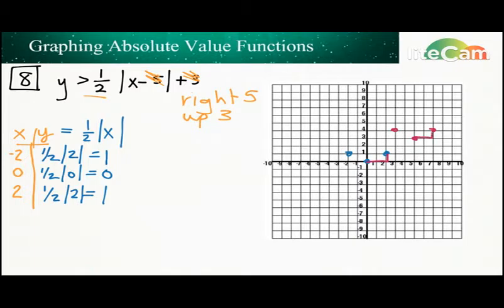So I just verify right 2 up 1, or left 2 up 1, and then I know I've got it. So I'm doing both at the same time. Okay. All right, so now we have our new graph.